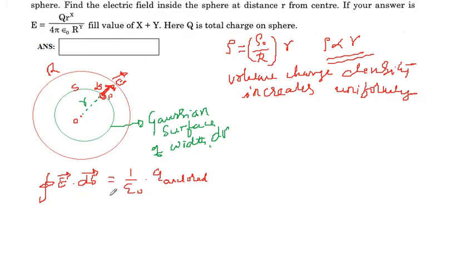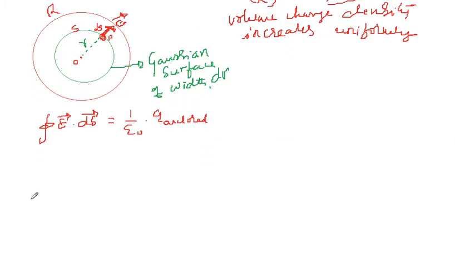Now on the left hand side, E dot dS: E is acting upward and dS is also acting upward. This is the area vector. So if both vectors are acting upward, then E dot dS is simply E dS, which equals E into the closed integral of dS.